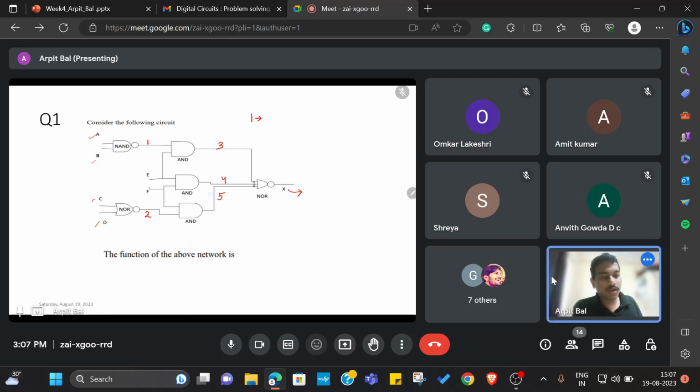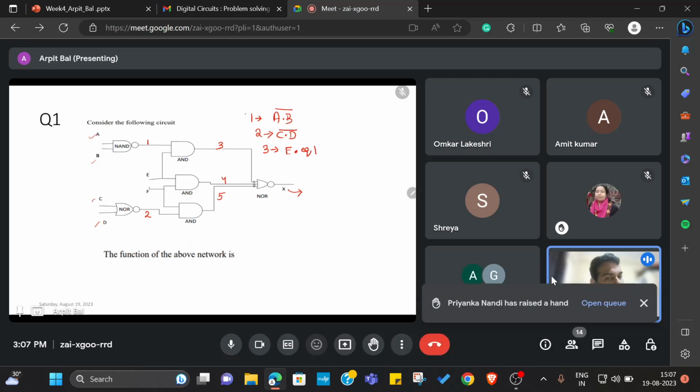At the first node, we will have the equation (A·B)'. At the second node, we will have (C·D)'. Similarly, at the third node, we will have E·equation 1. So equation 1 is this one.